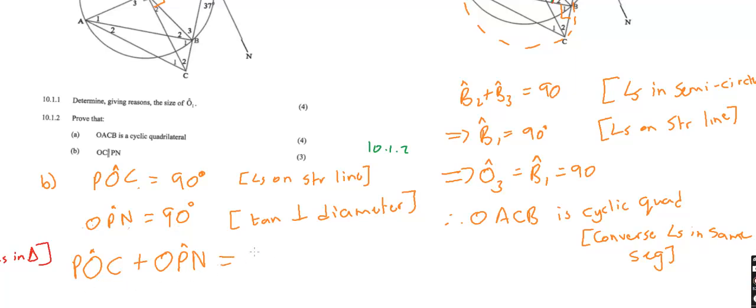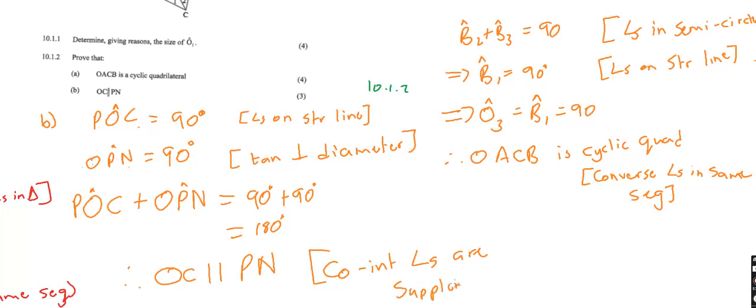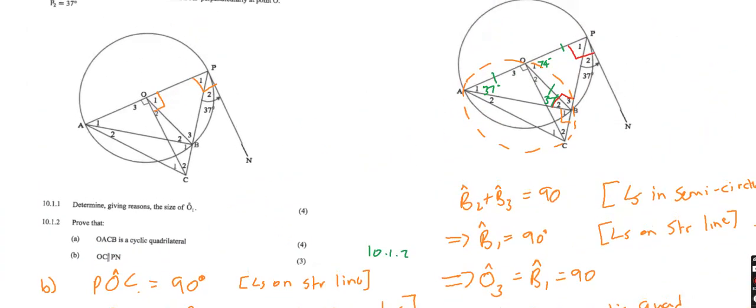POC plus OPN is equal to 90 plus 90, which is 180 degrees. We have proven angles that are supplementary. So therefore, OC is parallel to PN. We were trying to prove parallel lines, so we will say co-interior angles are supplementary. Or you can just say converse co-interior angles. Okay, so we are done with this one.